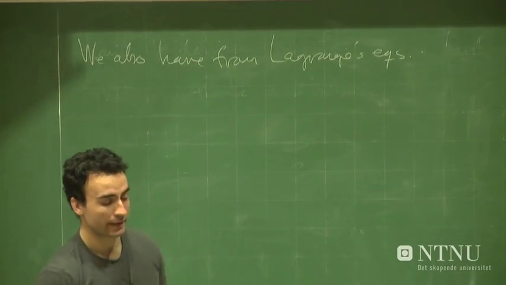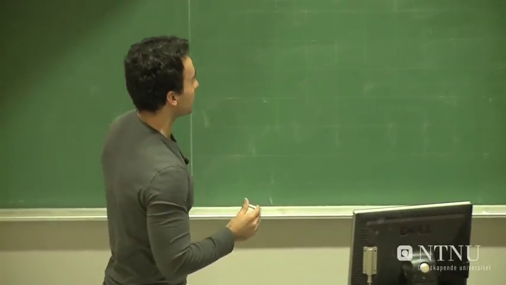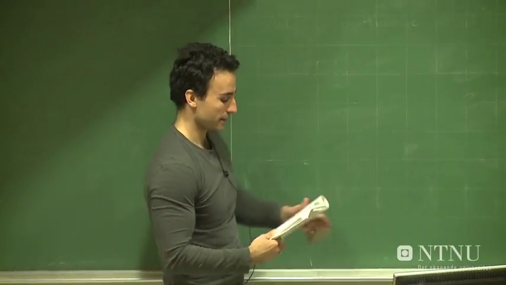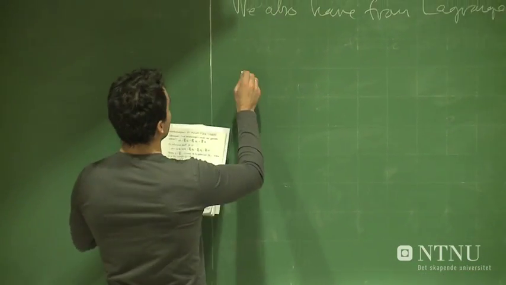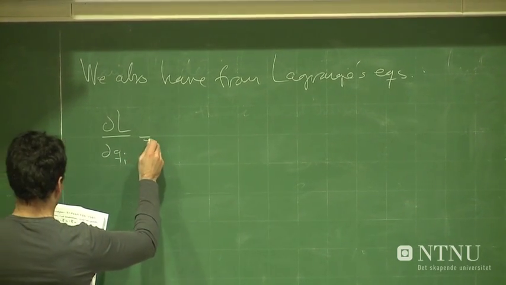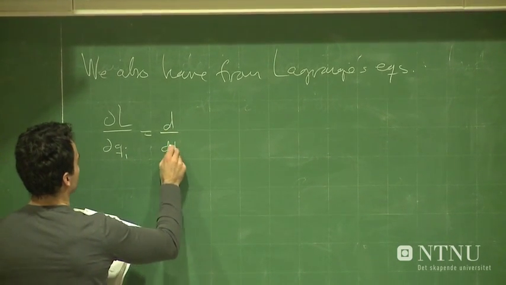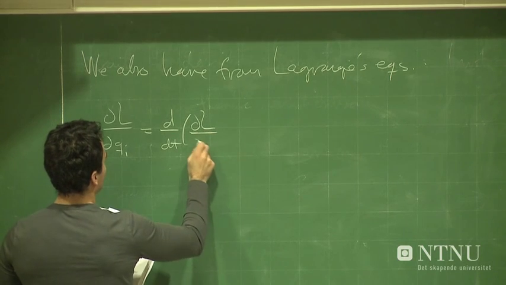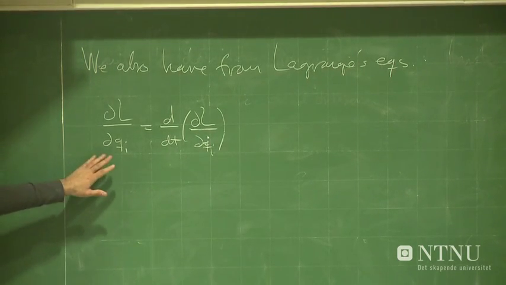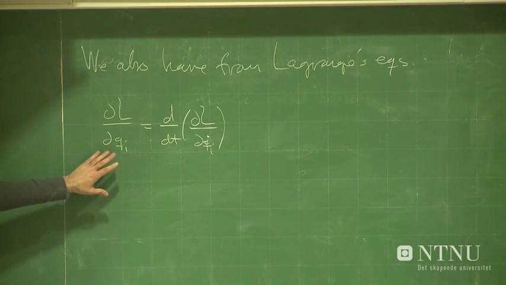There is one more relation which is very useful for our purposes, which we may obtain from Lagrange's equations. This is Lagrange's equations, just written in a slightly different form.